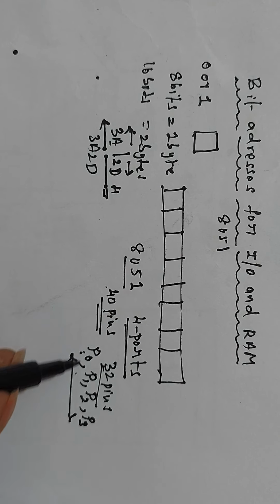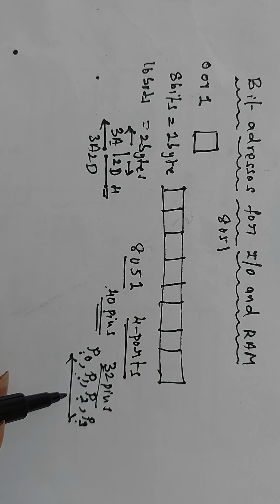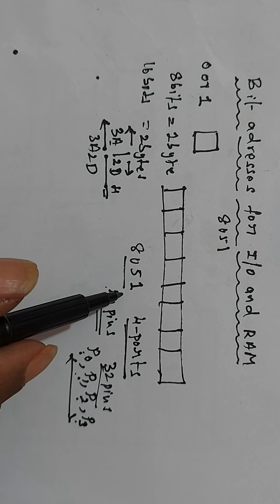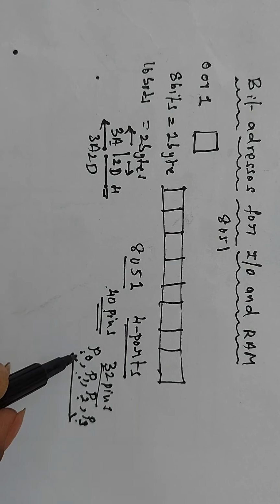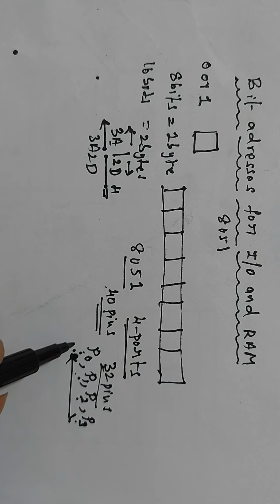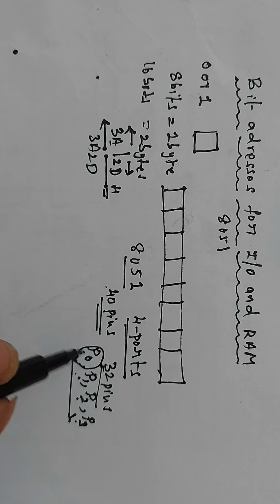Therefore, P0, P1, P2, P3 are the 4 ports that 8051 contains. Each port is 8 bit, or each port can accommodate 1 byte. Therefore, each port should have 8 pins.